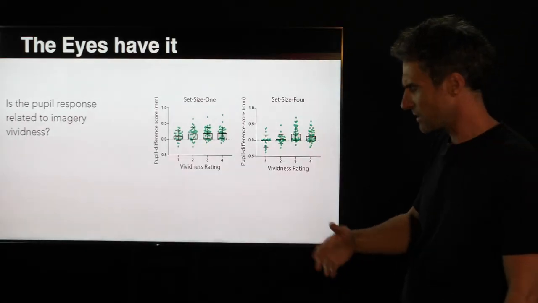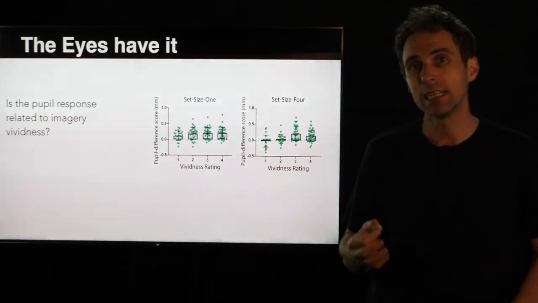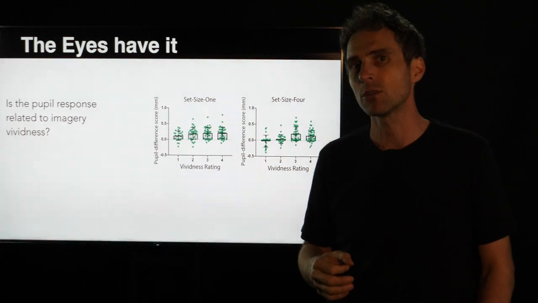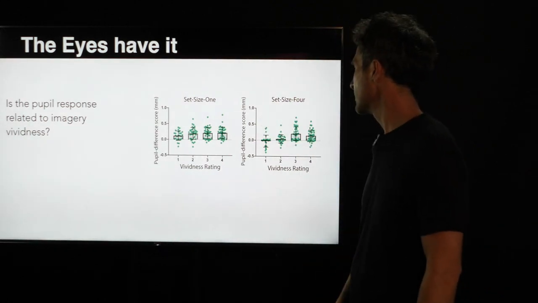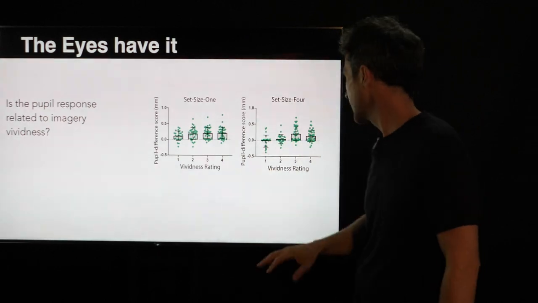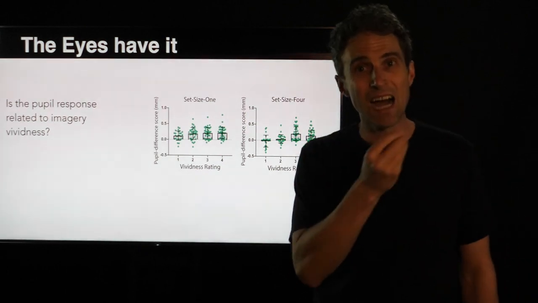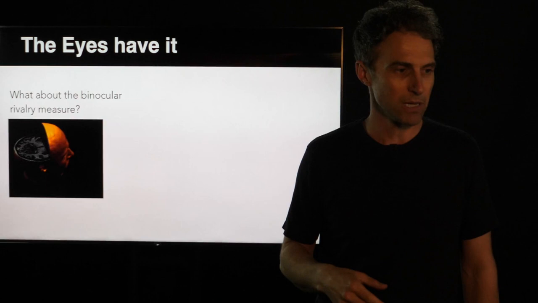And we see nice significant results there, where the more vivid you rate that single episode where you're imagining a triangle or triangles, predicts the difference in pupil score, the difference between the light and dark. And the same for set size 4. So these physiological responses are related to the vividness of the imagery during that period.